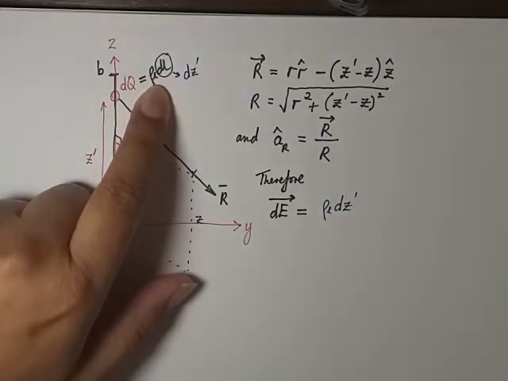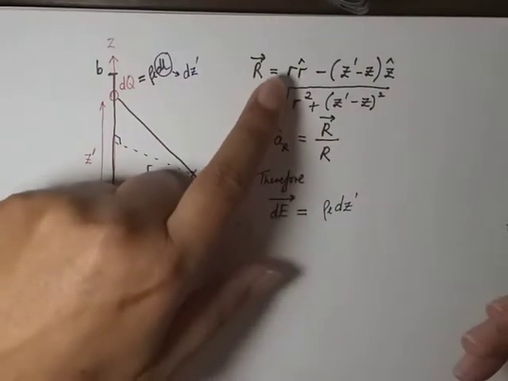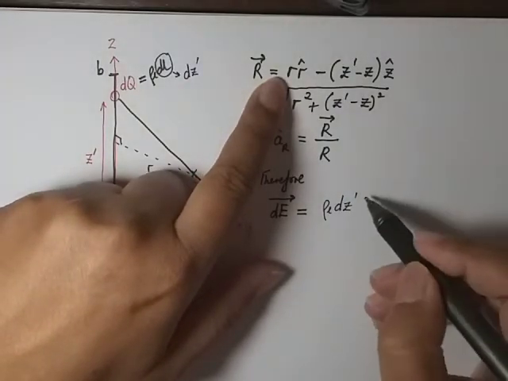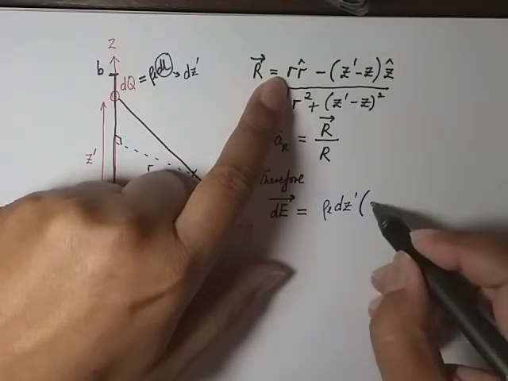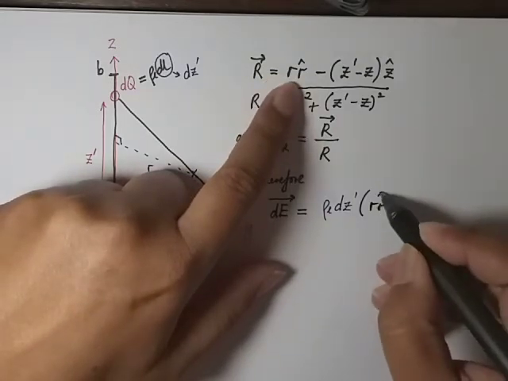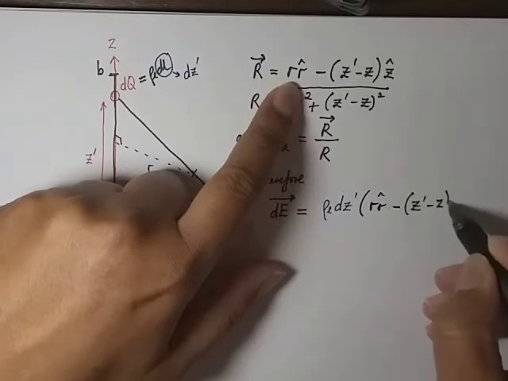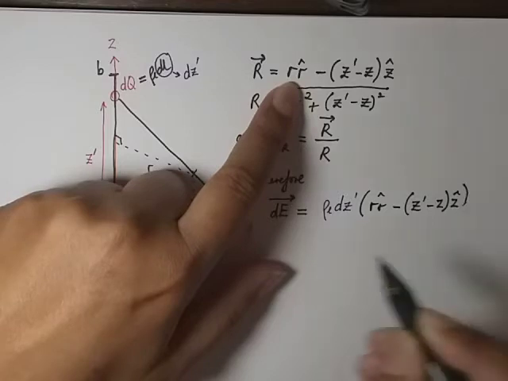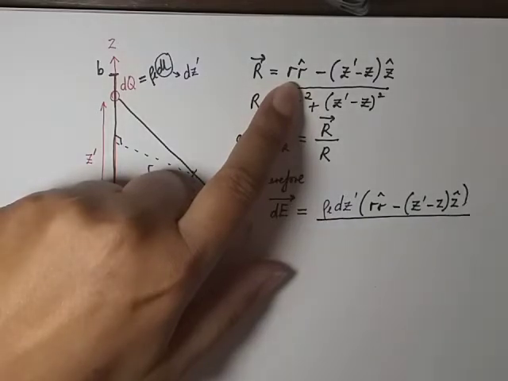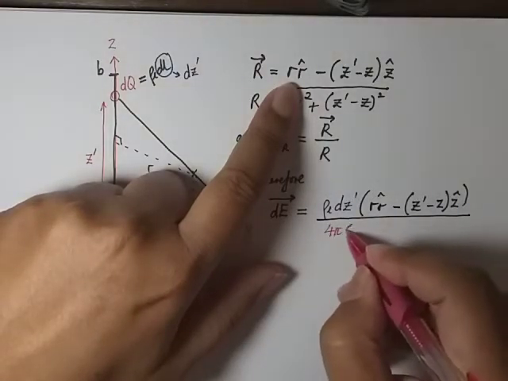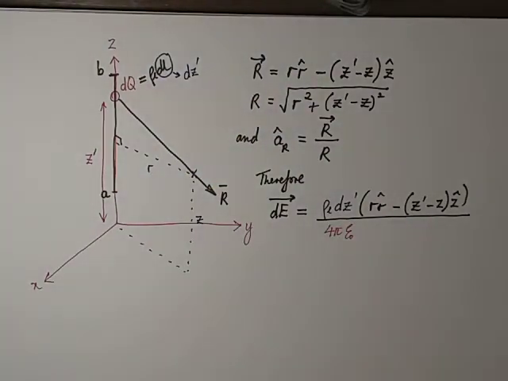Okay, that should be done. And then the direction should be this one. I'm going to show the direction now. The direction should be R minus Z prime minus Z directions, divided by 4 pi, it's a constant because we are assuming the medium is free space, so 4 pi epsilon naught.